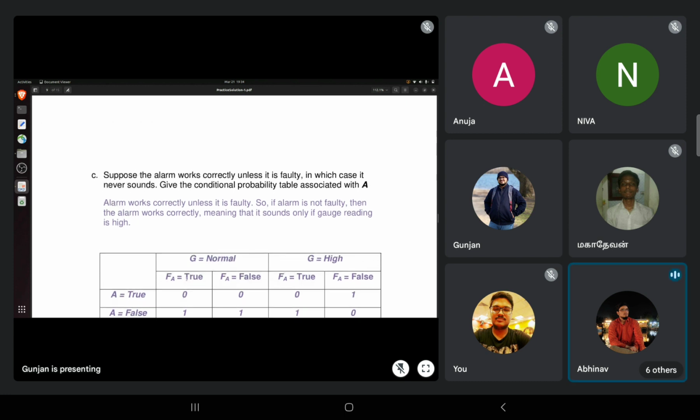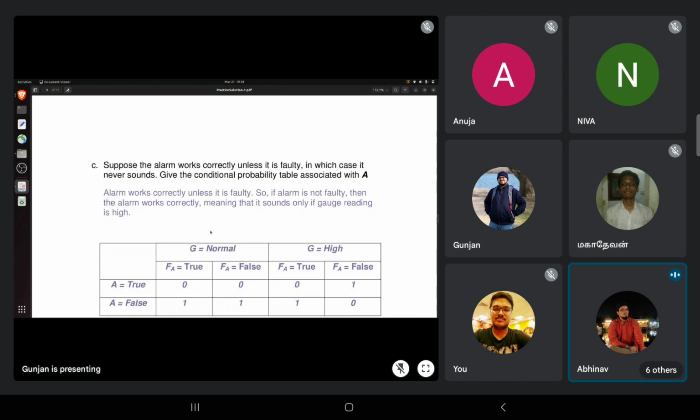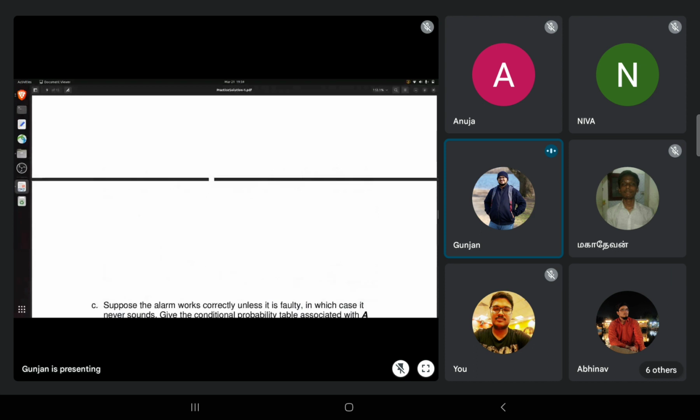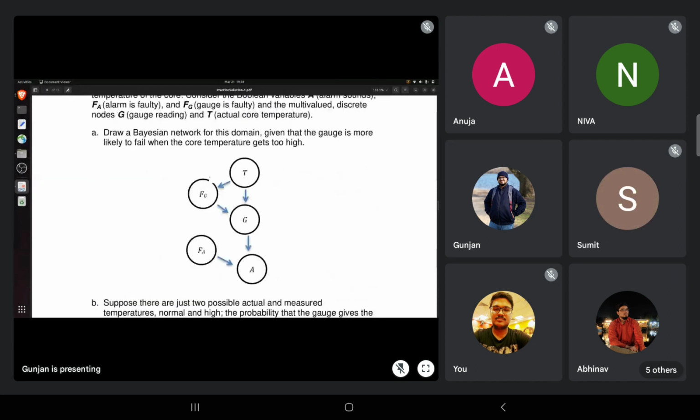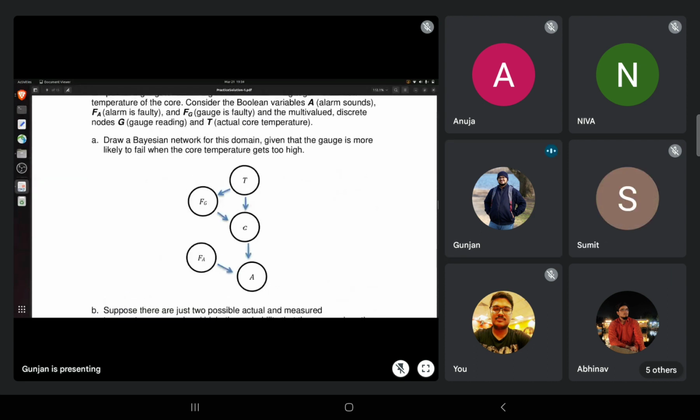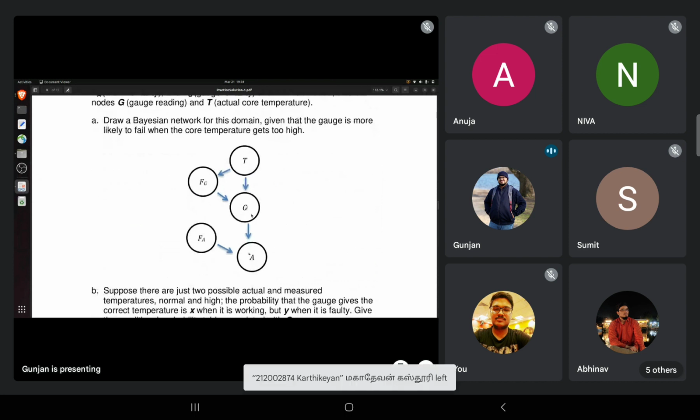Sir, what about the temperature? It is not given anything about temperature. So temperature is read by the gauge. The temperature is read into the gauge, and by reading the gauge you can say whether the alarm will ring or it will not ring.